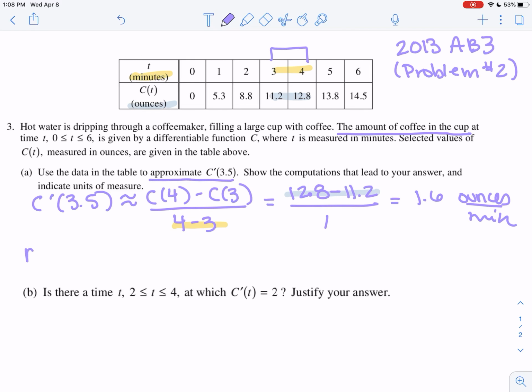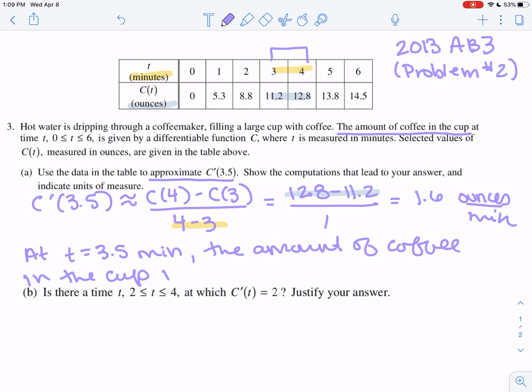So following our template, we'll say at t equals 3.5 minutes, and then I'm going to state what I underlined there, the amount of coffee in the cup is increasing, because my derivative was positive, at an approximate rate of 1.6 ounces per minute. The problem did not ask for that this time, but it's not uncommon for them to ask for that, so I did want to go over that.